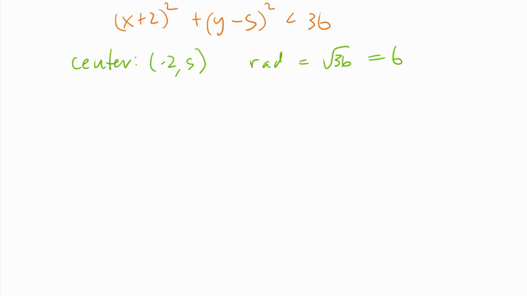So now we need to graph it. So I'm going to put my center at negative 2, 5, and my radius is 6. So I'm going to go 6 to the left, 6 to the right.